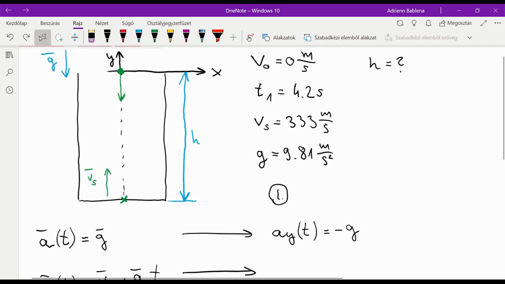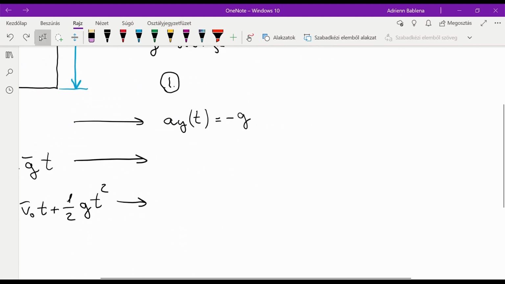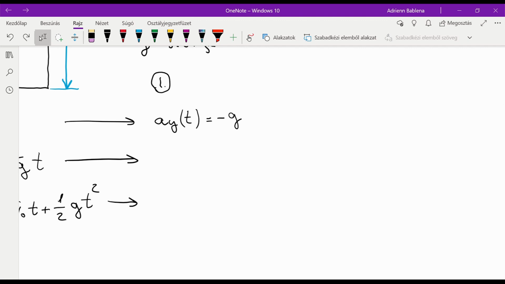Yes. So the first part is when the movement starts until the stone reaches the bottom. This is the first part. And our first part equations are, we have a minus g acceleration, it's constant. We have a vy function. We know that v0 is 0, so we don't have to write v0.